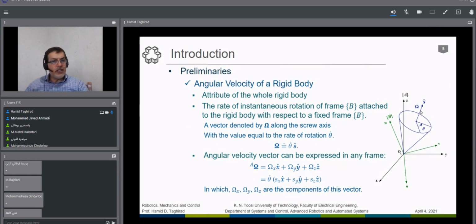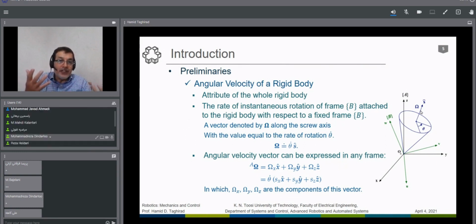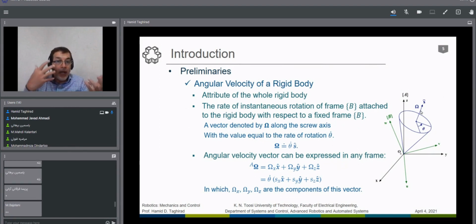And this is physically very sound because we had a rotation about a vector, and of course the angular velocity should be about this vector as well. So angular velocity is a vector.